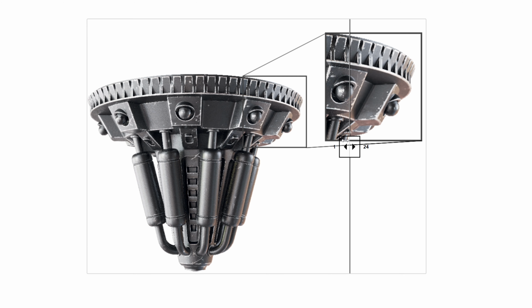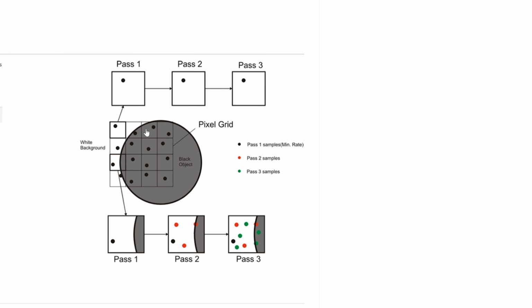Now this is how image sampling works right here. For example, if you have this circle in your scene, this is how the samples will go. Now as you can see, VRay will take one sample in each pixel. If this sample is solid, if this sample has only one color, it will go through and nothing will happen. Like this example right here, the sample came out that this whole pixel has only one color, so in different passes nothing will happen, just one sample.